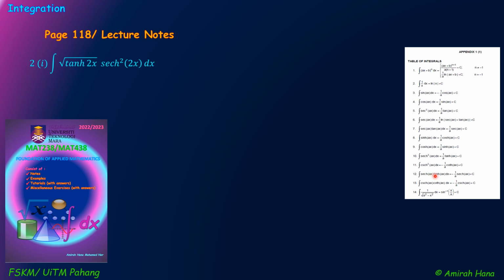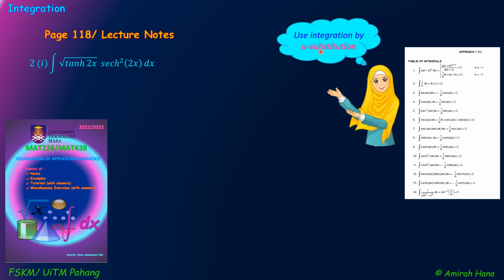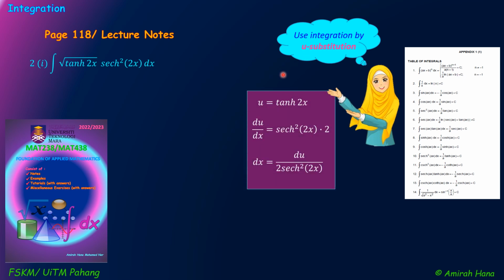Okay, kita still lagi guna u substitution, tapi kita punya u kita adalah function yang dalam square root ni. U kita adalah tan 2x. Okay, ini kita punya u. Kenapa? Sebab bila kita differentiate tan 2x, kita akan dapat sec squared 2x. Nanti kita boleh potong dengan function yang kat sini.